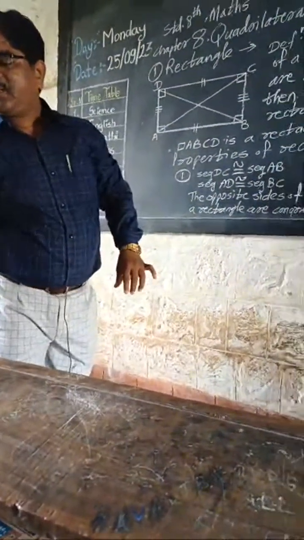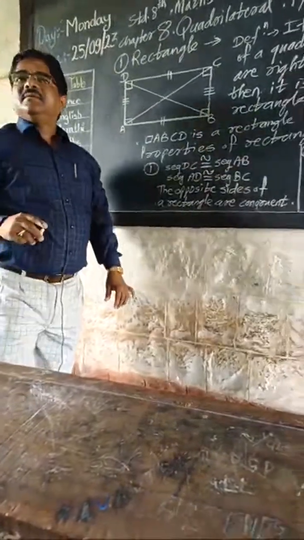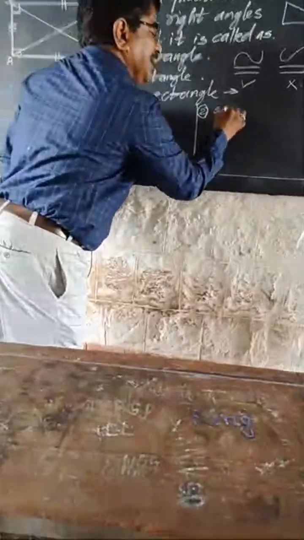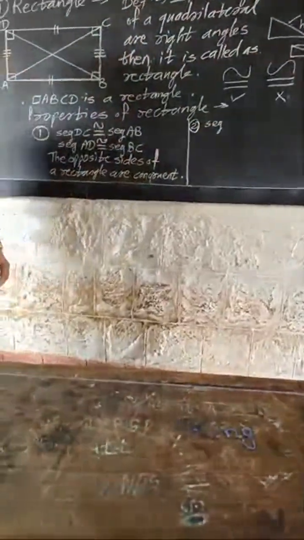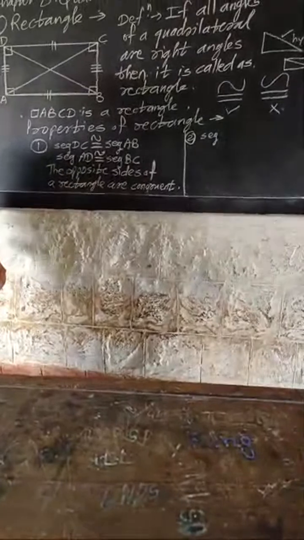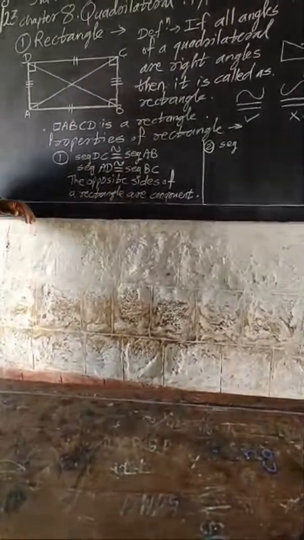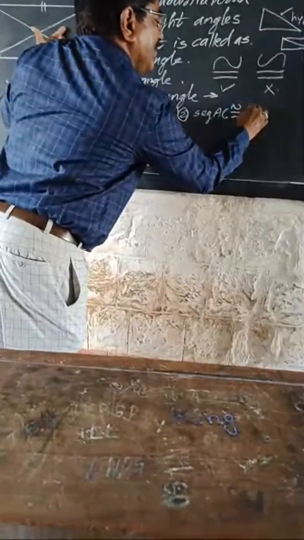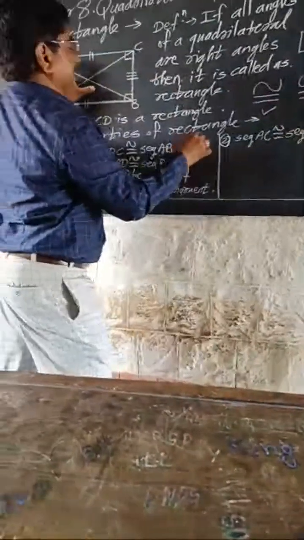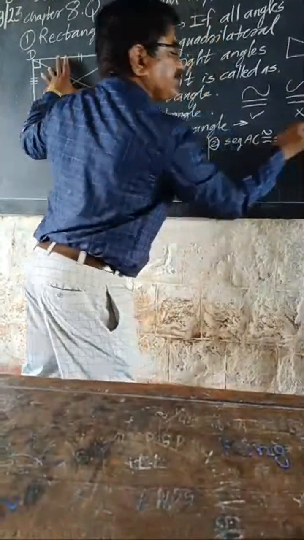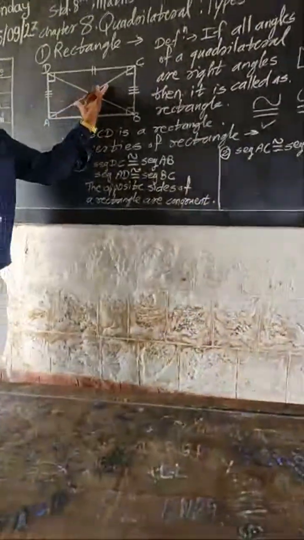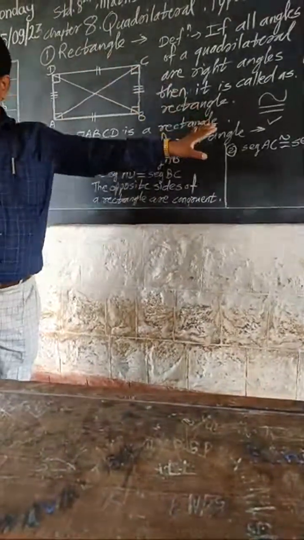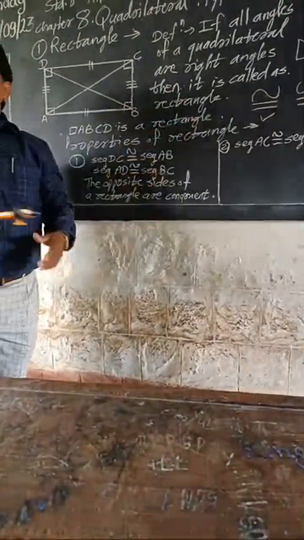Which diagonals do we write as congruent? Segment AC and segment DB. Segment AC is congruent to segment DB. Correct. Segment AC and segment DB are congruent. Why do we say congruent?